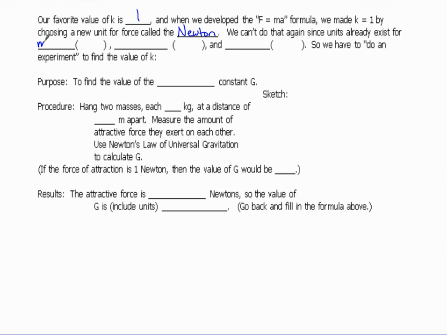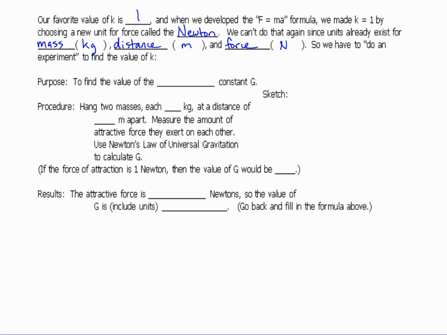We have mass, which is kilograms. We already have distance, which is meters, and we already have force in newtons. So we're going to have to do an experiment to find the value of K.